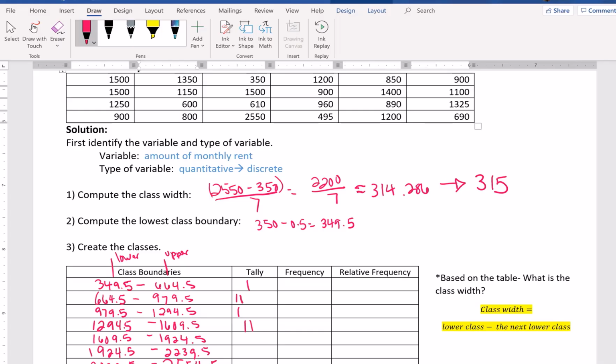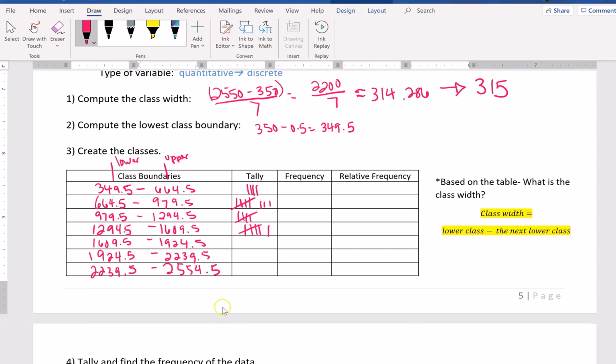Okay, so pause the video, and you should get 4 numbers that fall between the first class, 8 that fall in the second, 5 in the third, 6 in the fourth class, 0, 0, and then 1.